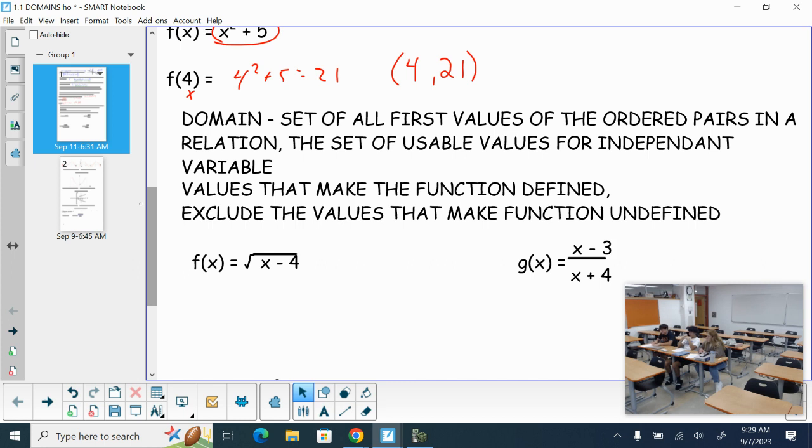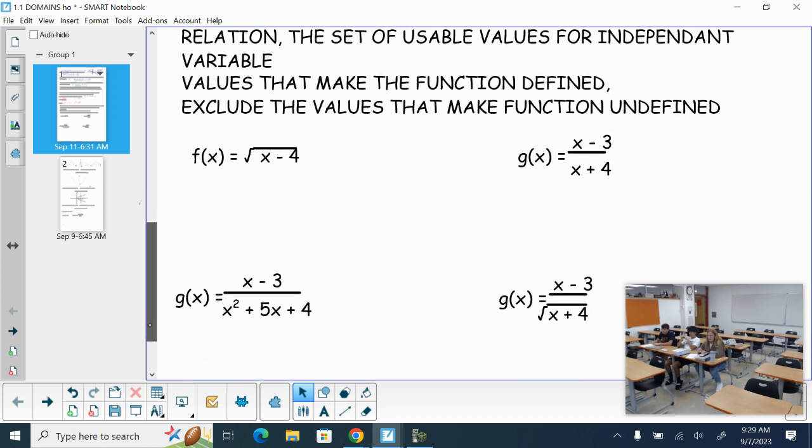Okay, we cannot have a negative there, because if we use a negative in there, that's going to put us into the Barney world, and we're into the imagination. So we can't get into the imagination world, so we have to make sure that this is not negative. So it can be 0 or it can be positive. Well, how can we write that in an inequality? x minus 4 has to be positive, so it has to be greater than or equal to a value of 0.